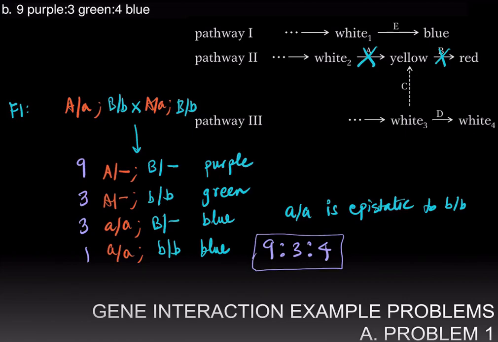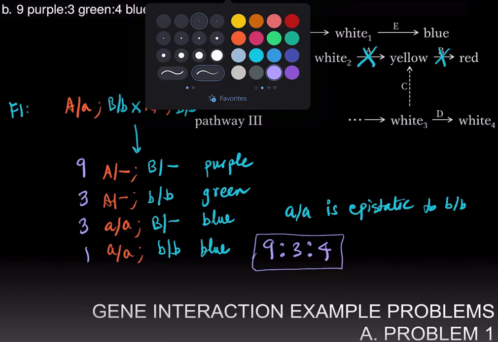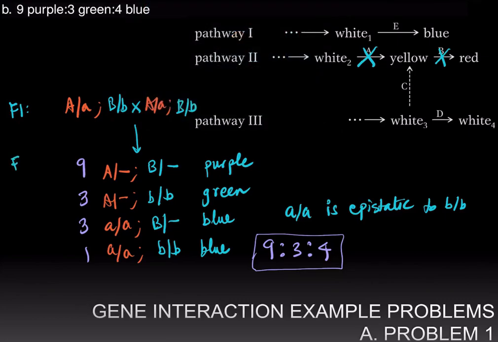That means our F1 dihybrid is the correct genotype, and the only thing remaining to do is determine the genotypes of the parents.